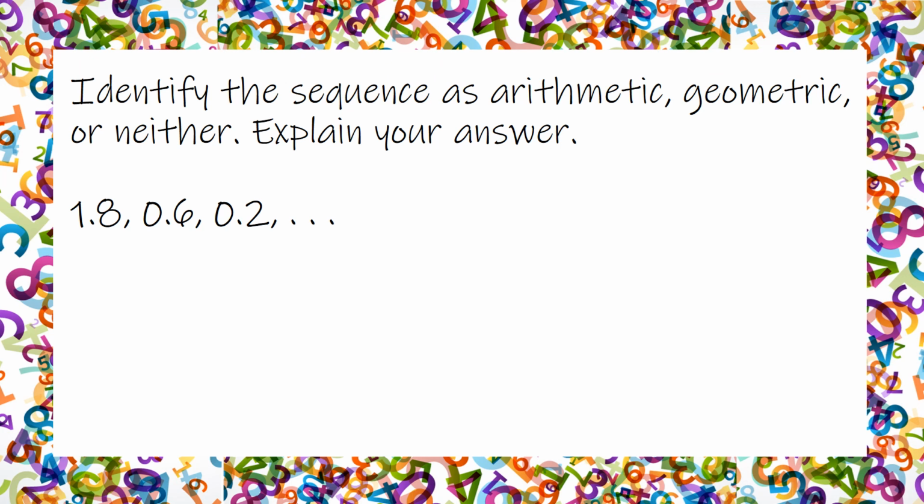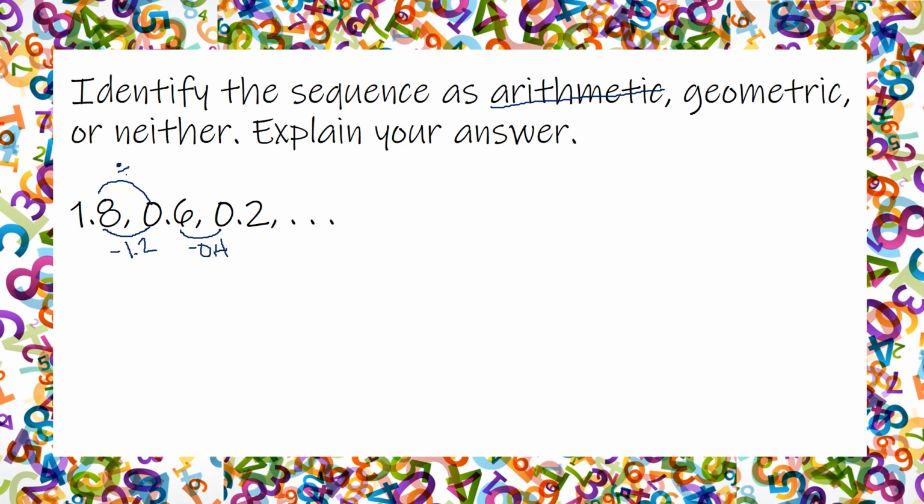Identify the sequence as arithmetic, geometric, or neither, and tell me why. So I'm going to look here and I say, oh, we could subtract here, and we could subtract 1.2. But then we subtract 0.4. So that doesn't work. It cannot be arithmetic there. But I could also say, okay, that's 18 and 6.